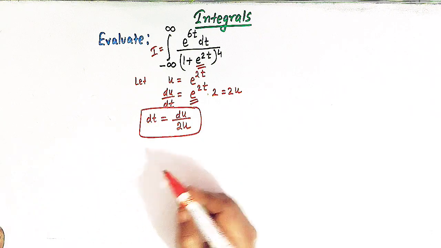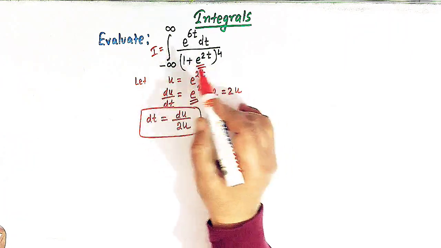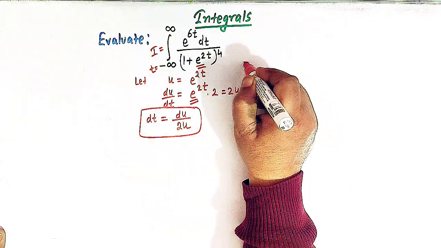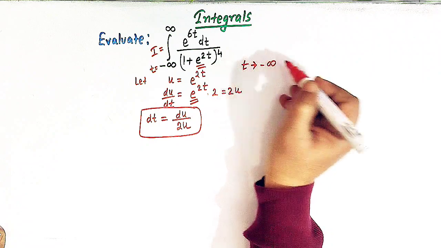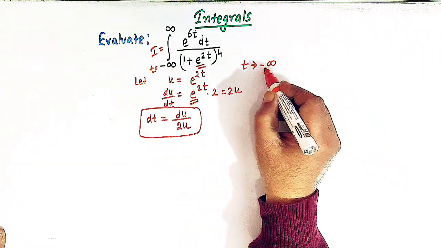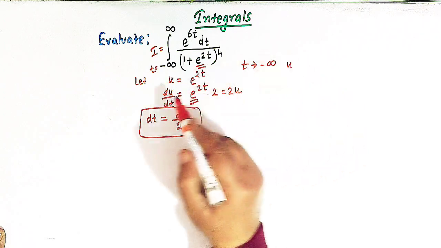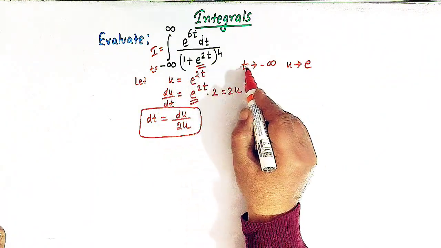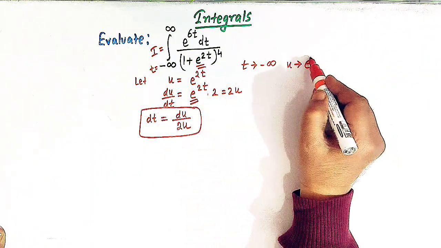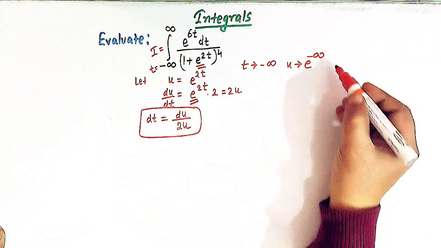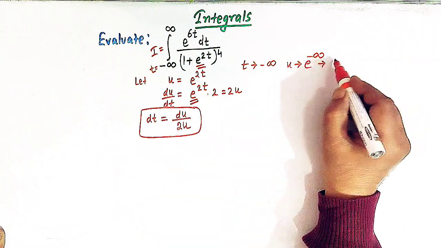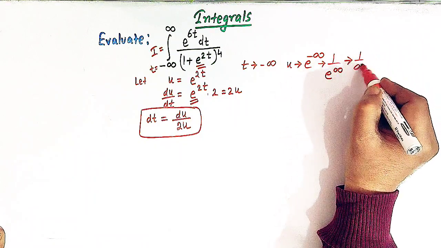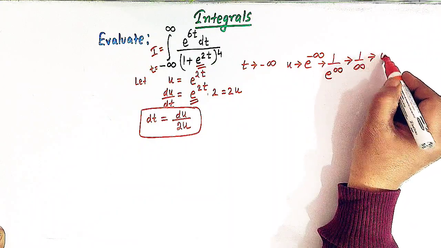Now let us change the limits accordingly. Here t varies from minus infinity to infinity. When t tends to minus infinity, the lower limit, u tends to e raised to minus infinity, which is 1 over e raised to infinity, that is 1 over infinity, tending towards 0.